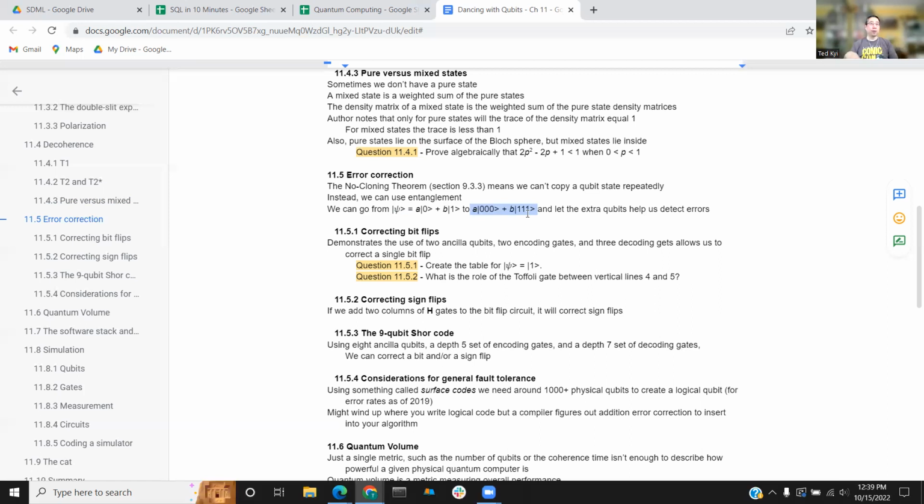So if it was originally 0, it'll be a 0. The other 2 qubits, just to note, if I was a little bit confused at first, the other 2 may wind up modified. Okay, so we are just reading out the first qubit.